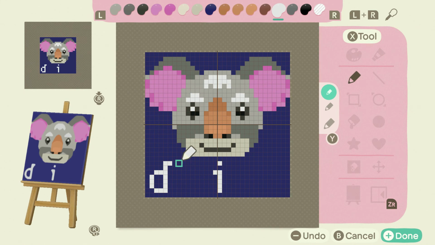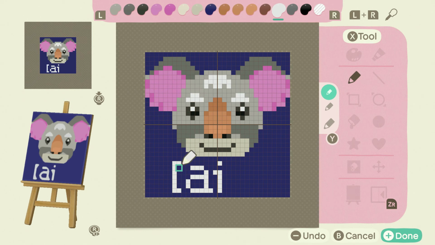I don't know why. Something about the way you hold a pencil to write versus the way you hold a pencil to draw just works a little bit differently for me. So I am not the best at fonts or printing. So I just kind of did the best I could here and wrote the name of the island.